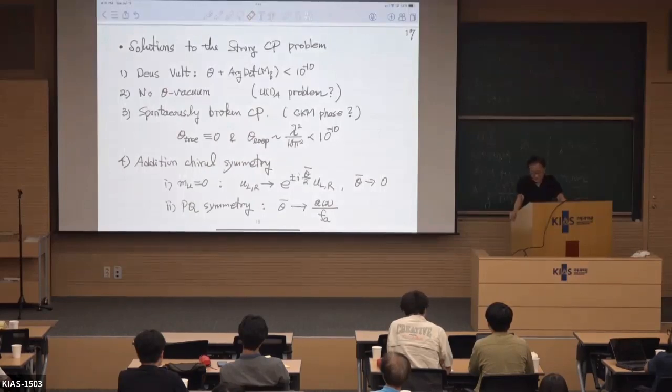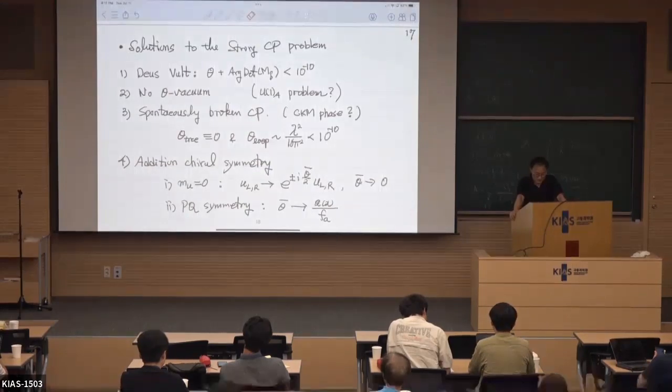Or, from time to time, there has been a claim that probably the theta vacuum is not real, that somehow we misunderstood the QCD vacuum structure. Also, some years ago, a serious paper appeared with this kind of claim. But in this case, how do we understand the U(1)_A problem? Then we need to understand the U(1)_A problem.